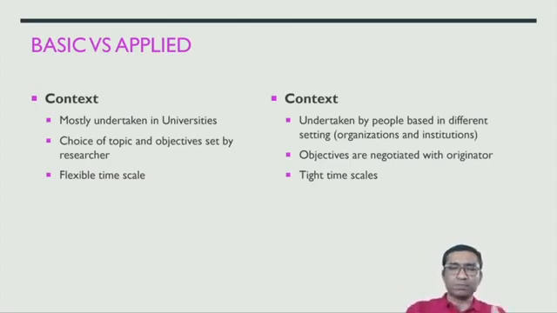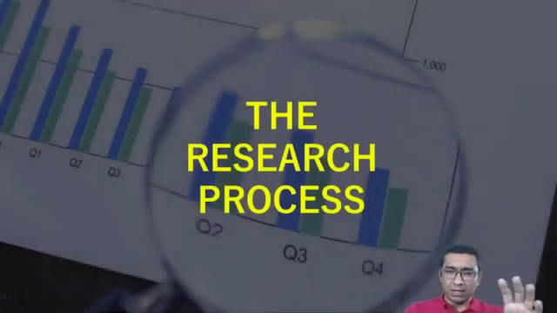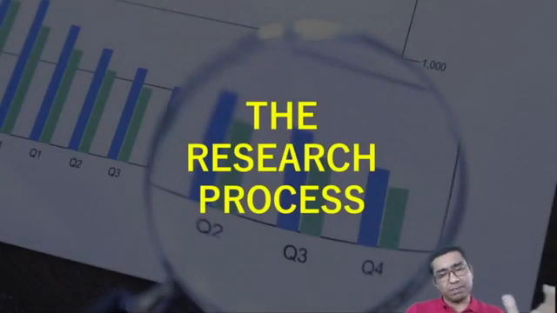So let's move on. Now we are very clear about the different classifications, applied and basic research, and we are also clear about method and methodology, and what a research methodology is. Okay, now let's move on to the research process, the final objective of today's class.